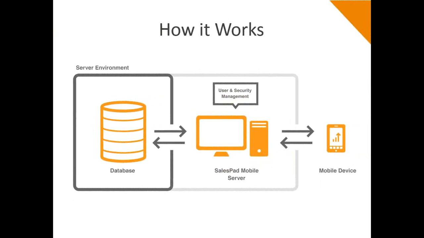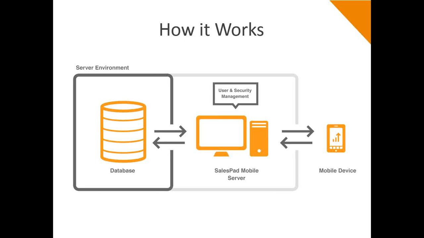But how it works, very simply put, because that's as complicated as I can explain it, is very simple. You have a server environment which contains your database. This is where GP resides. This is where all of your customer information, your inventory items, all of your database information is stored on this server environment.